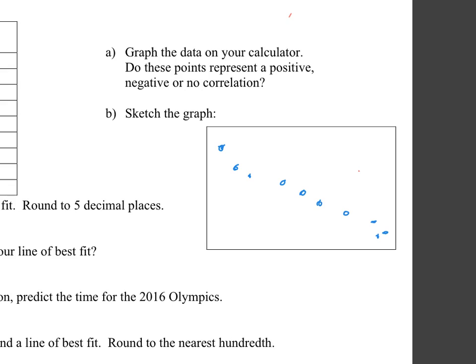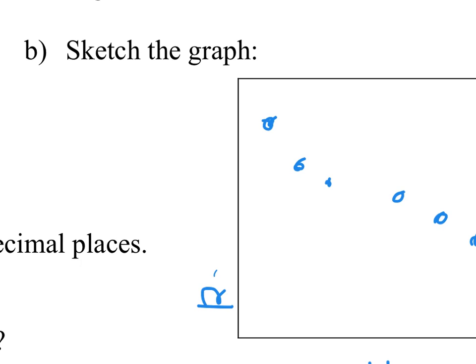And then label the bottom as the year, because the years are on the bottom. Years are always on X. And then label the side as the race time.